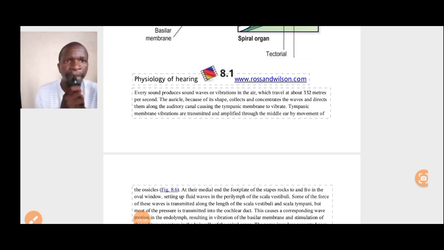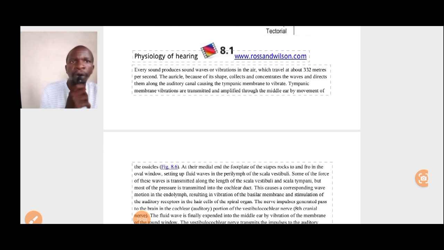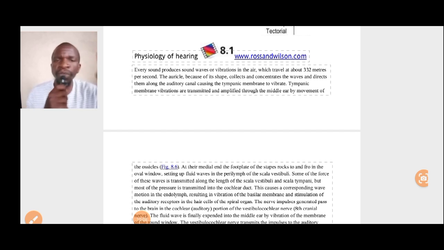The tympanic membrane vibrations are transmitted and amplified through the middle ear by movement of the three auditory ossicles. When the sound waves are transmitted to the middle ear, they are amplified, or increased in intensity.